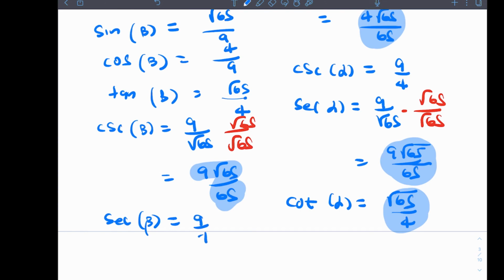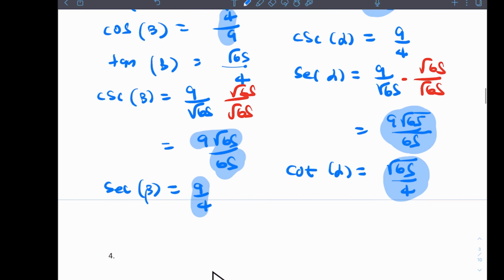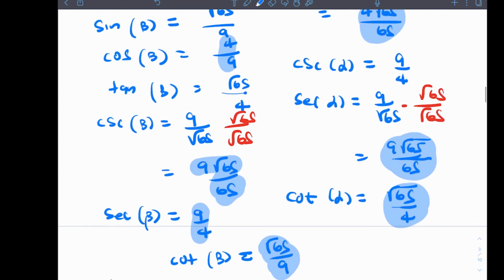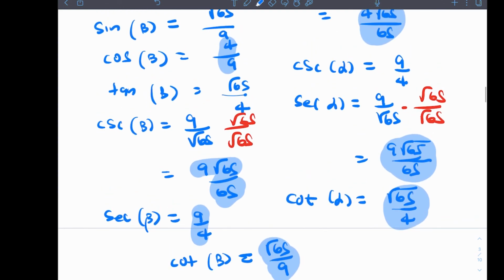Flip the fraction over, 9 over 4. So you got 4 9ths. It's now going to be 9 fourths. That's for secant. Cotangent beta. Flip the fraction over, 65 over what? 9. Okay, these are the reciprocal identities. So you just have to flip the appropriate fraction over, but you got to know which one it is.